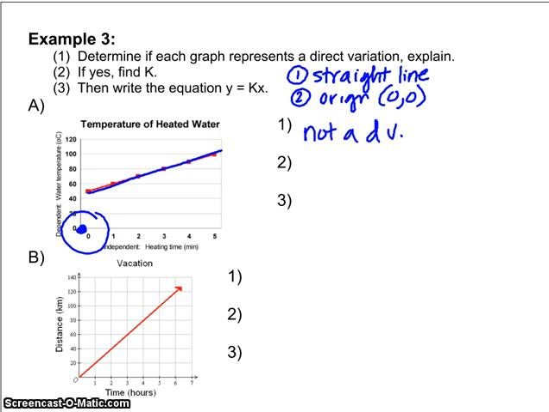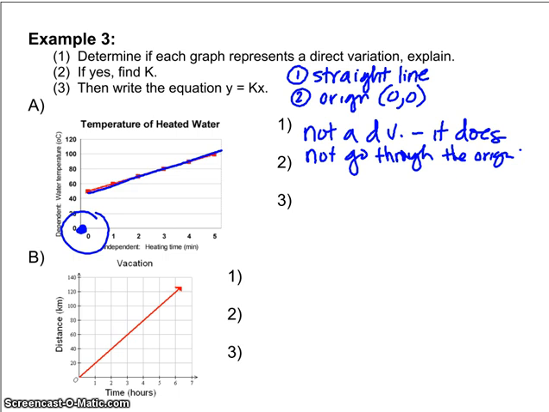This is not a direct variation because it does not go through the origin. And obviously, if it's not a direct variation, there's no constant k value and no equation to fill out, so you don't even have to finish number 2 and 3. If it's not a direct variation, you are done.